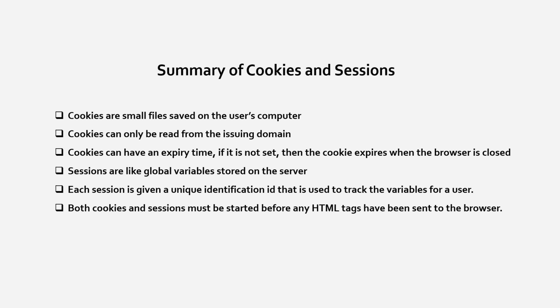Sessions are like global variables stored on the server. Each session is given a unique identification number that is used to track the variable for a user. Both cookies and sessions must be started before any HTML tags have been sent to the browser.